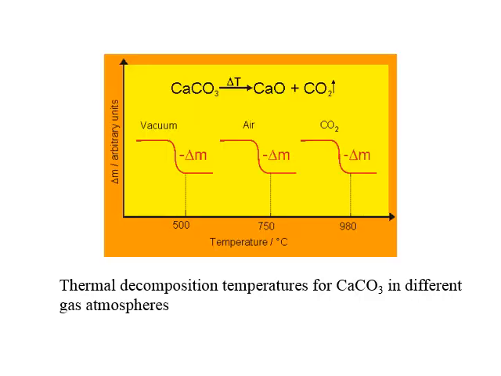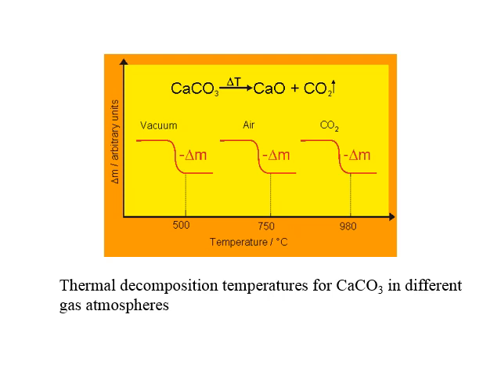So here's an example of why the choice of gas matters in the TGA curve. So here's the proposed TGA of calcium carbonate in 3 different atmospheres. And you'll see that the first plot is shown in vacuum and that the decomposition temperature occurs at about 500 degrees.